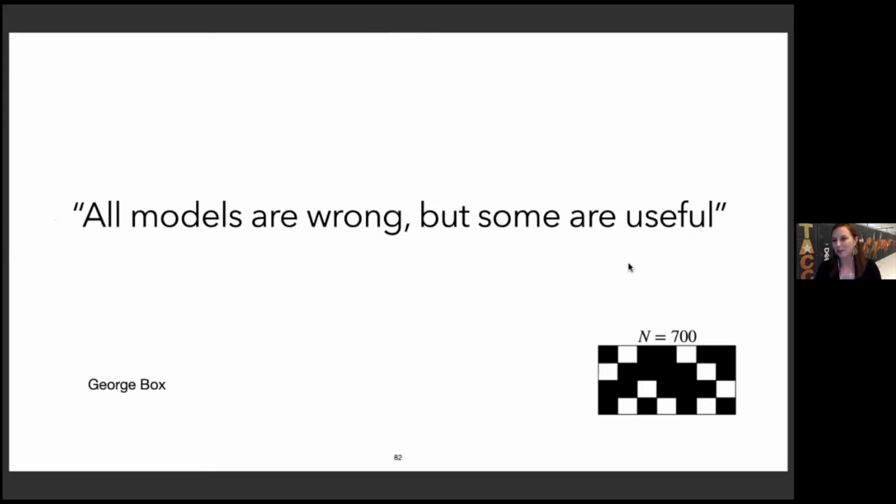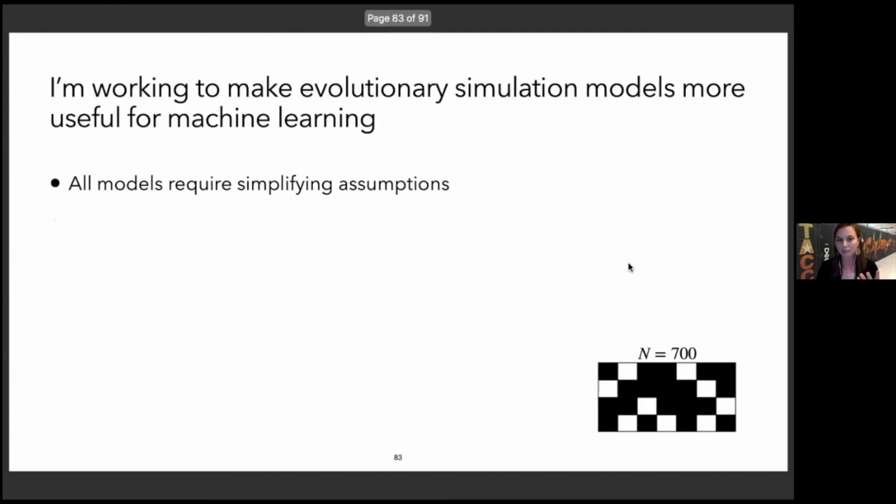I'm sure some of you have heard this quote: all models are wrong, but some are useful. That's really getting at the fact that models are never going to capture the full complexity of the natural world around us, but we might be able to build models that capture the essential parts of a system and are useful for tasks like this.